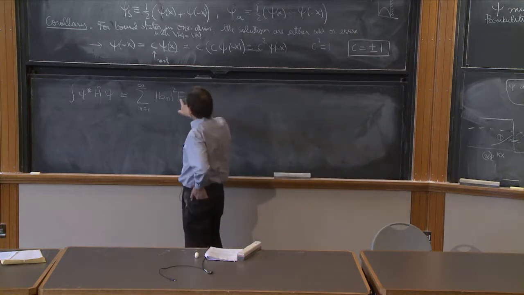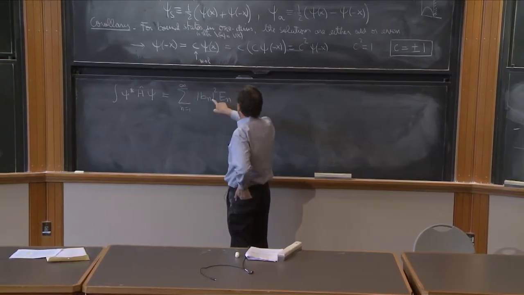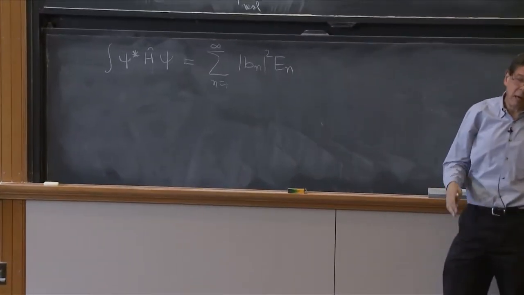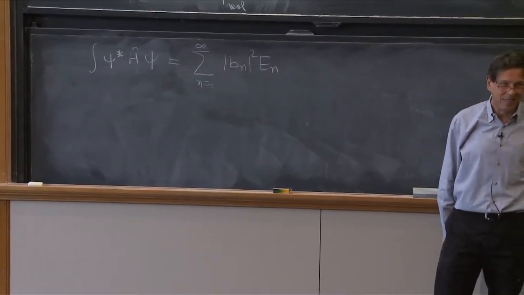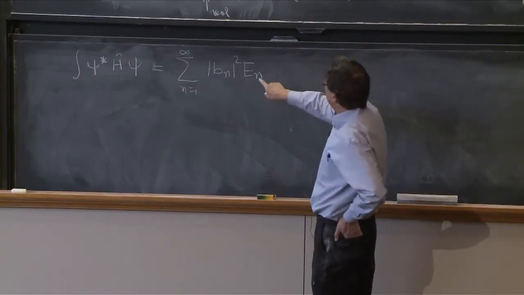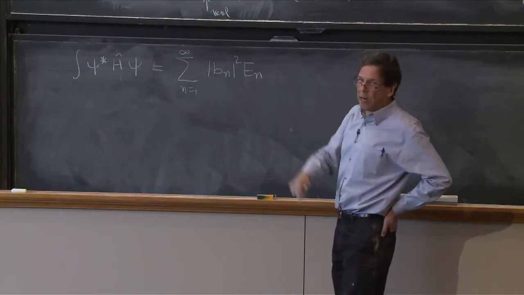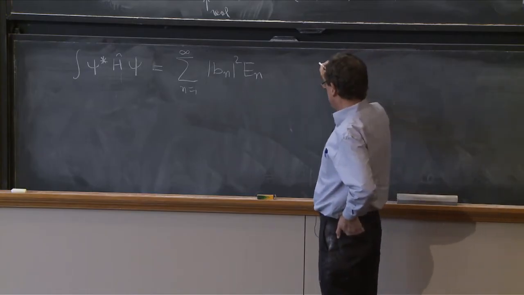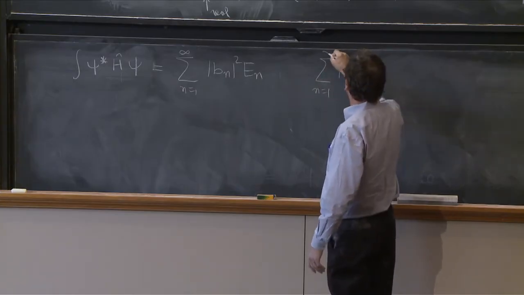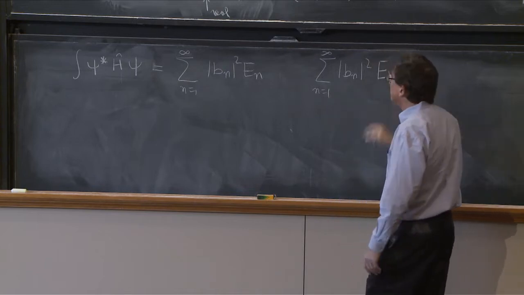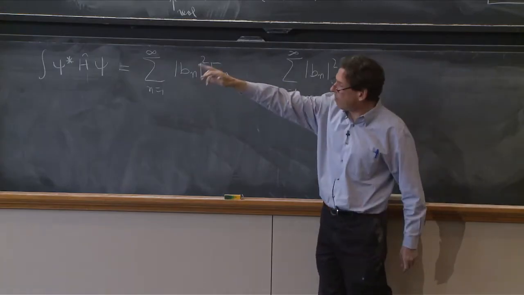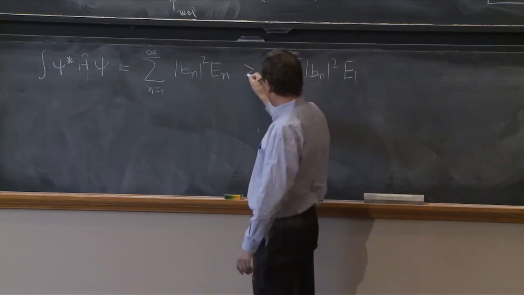And now comes the kind of thing we want to say. Look at this sum. It has B1 E1, B2 E2, B3 E3. But E2, E3, E4, all those are bigger than or at most equal to E1. So if I did the following bad joke of substituting E1 for En, which is not the same, and put here the sum of Bn squared, n equals 1 to infinity, times E1, well, this is smaller than that, because E2 is possibly bigger than E1, E3 is bigger than E1, but it may be equal.